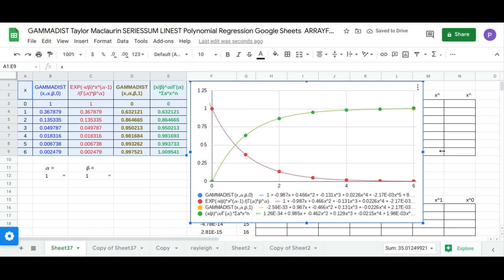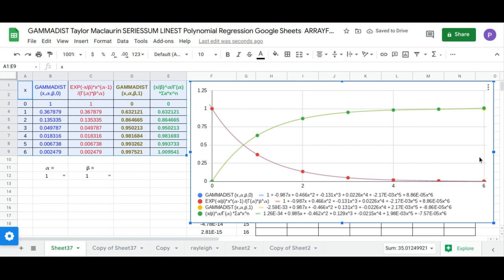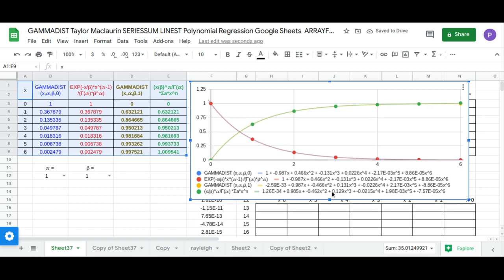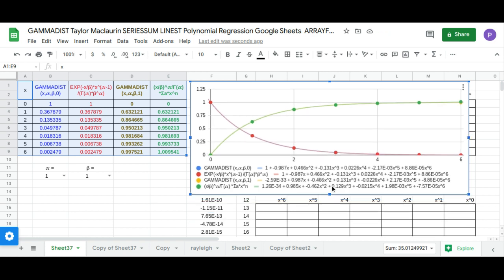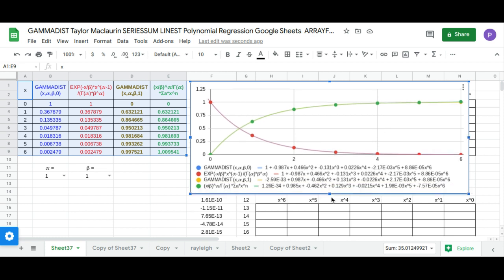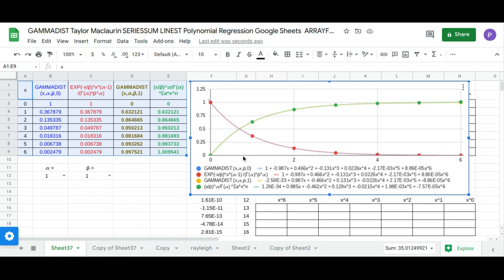We will calculate this polynomial regression coefficients using Linest. So we'll set this aside and complete the Linest matrix.